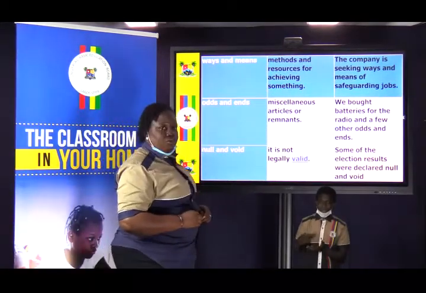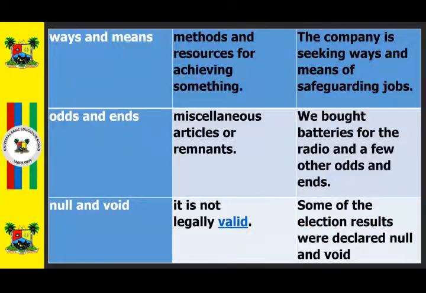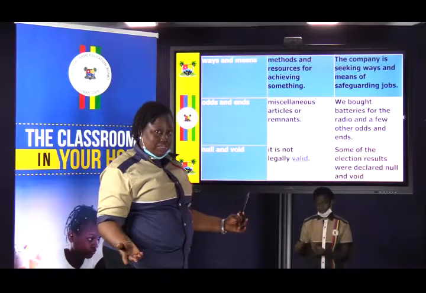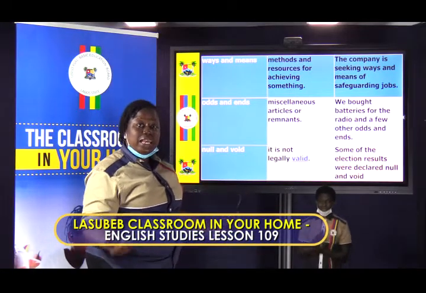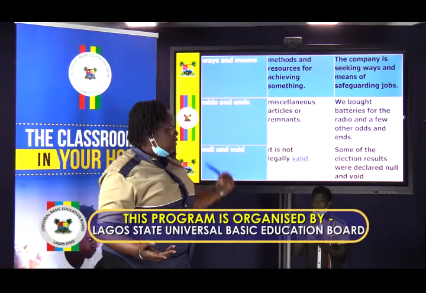Another example of doubles is odds and ends. ODDS and ENDS, odds and ends. When we say odds and ends, it simply means miscellaneous articles or remnants. Here is an example.